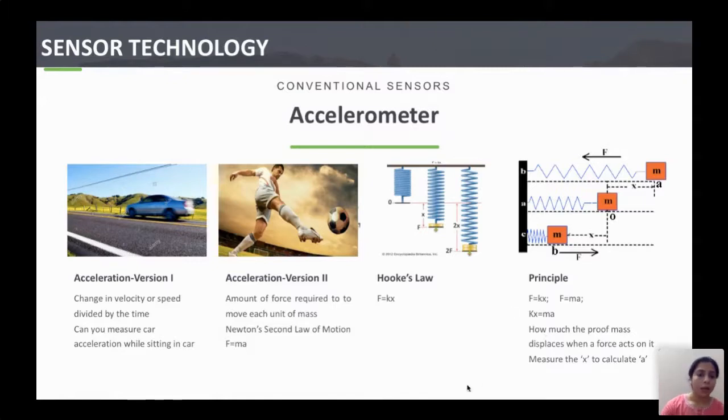So let us first revise our basics. Okay, so what is acceleration first? Now, I'm sure all of you must be aware of its definition, that it is the change in velocity per unit time, right? Now, can you measure the acceleration of a car if you are sitting inside the car, which starts from a standstill condition? Yes, you can. It is very simple. You just have to see the speedometer of the car and use a stopwatch.